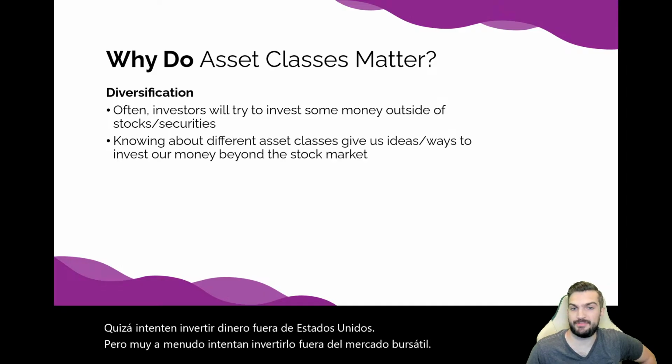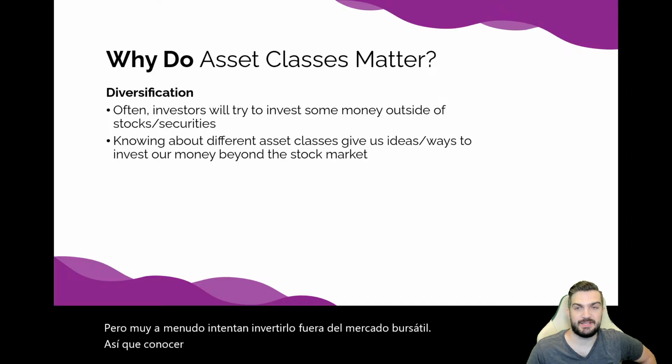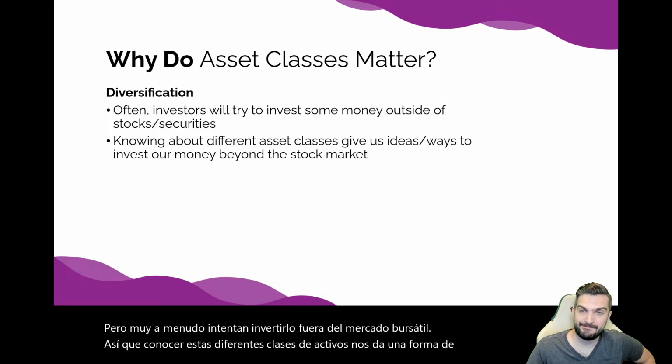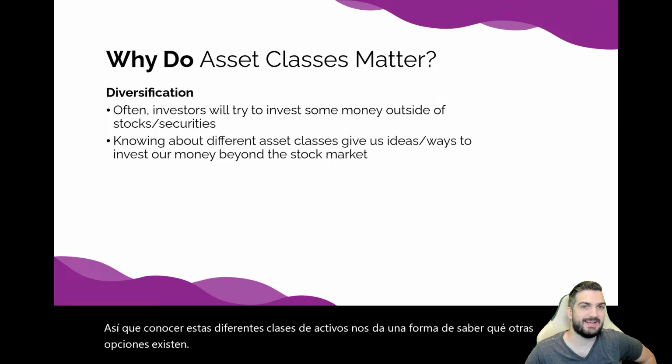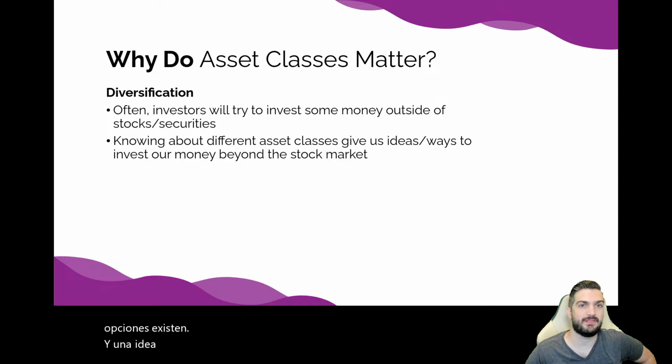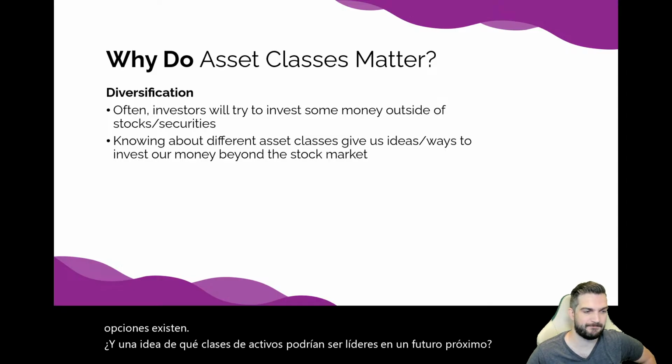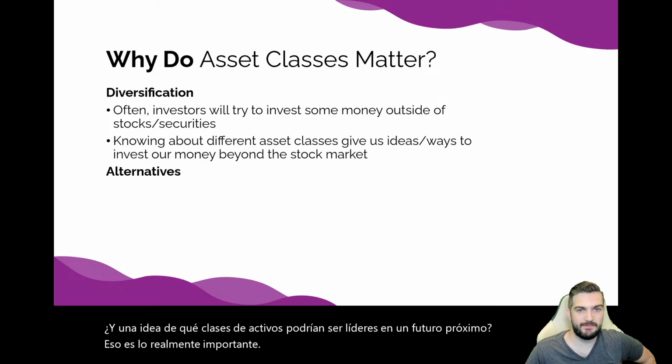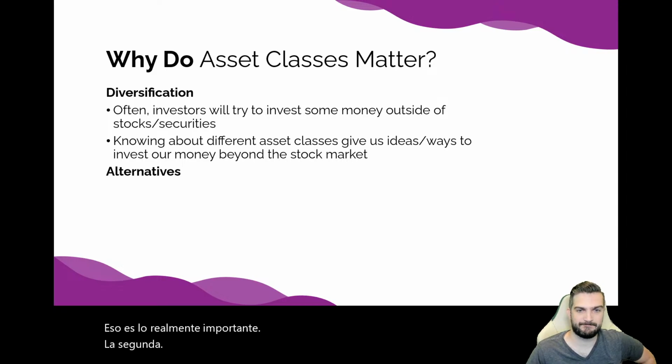So knowing about these different asset classes gives us a way of knowing what other choices there are and an idea of what asset classes might be the leaders in the near future. That's the really important part.